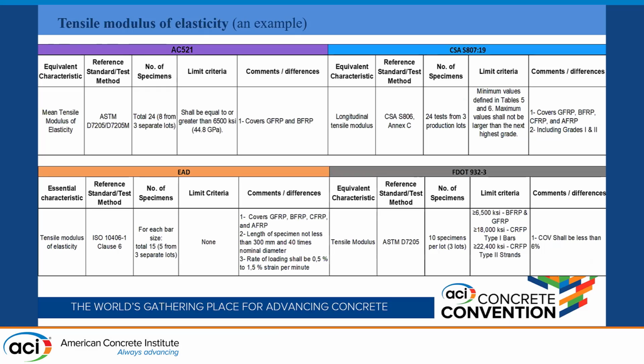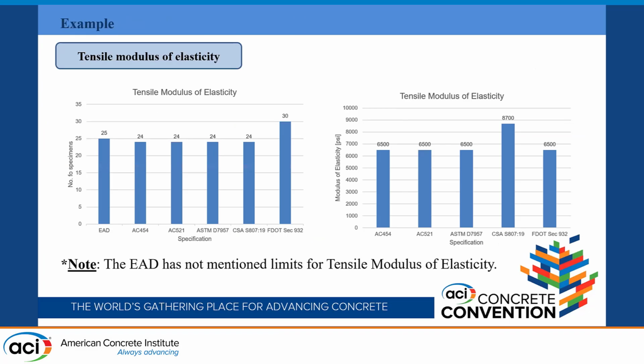For example, here you see the number of specimens in the EAD says 15, 5 from 3 separate lots. Here it says 24 for AC. The other one said 24. The other one said 10 specimens per lot, so it will be 30 specimens. Even if it's referring to the ASTM and it's an American code, the number of specimens is different from the one that you have in the ASTM.